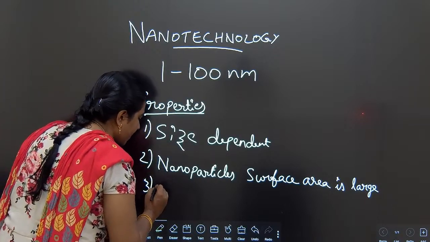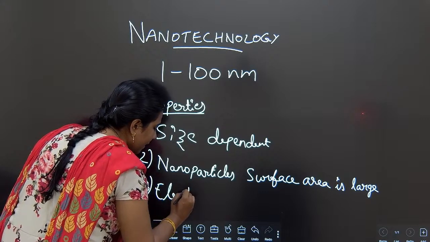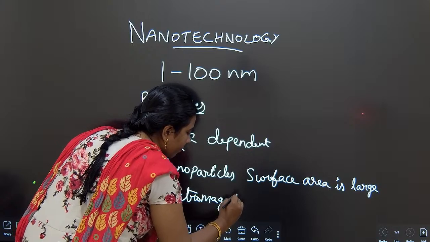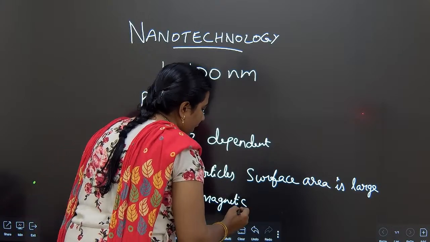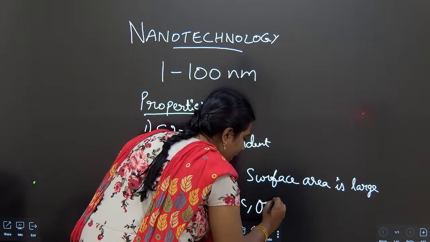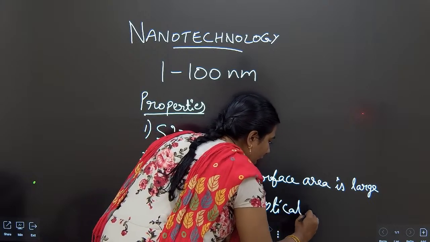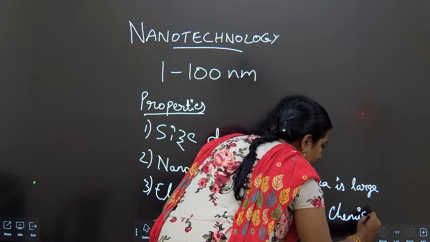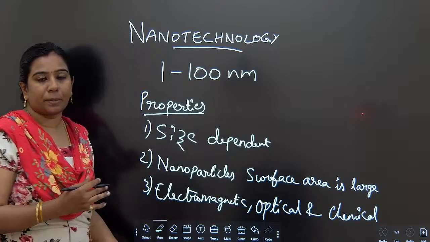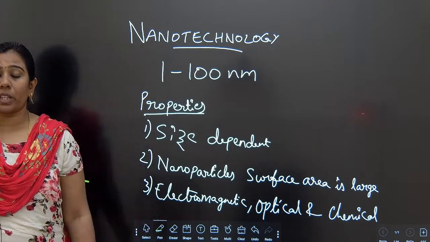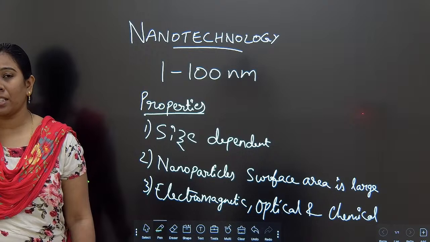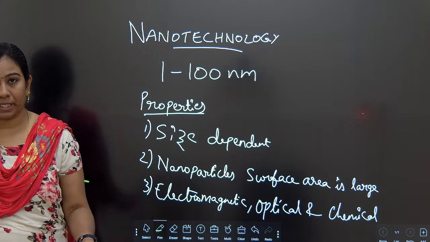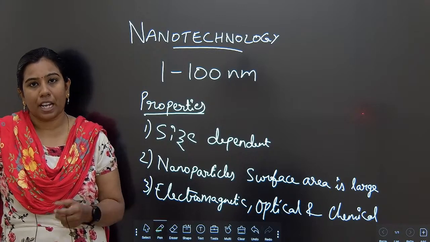It also exhibits electromagnetic properties, optical properties, and also chemical properties. Okay, it exhibits all these properties. Which one? Nanoparticles. So what are nanoparticles? Nanoparticles are nothing but small tiny particles which are in the range of 1 to 100 nanometers.